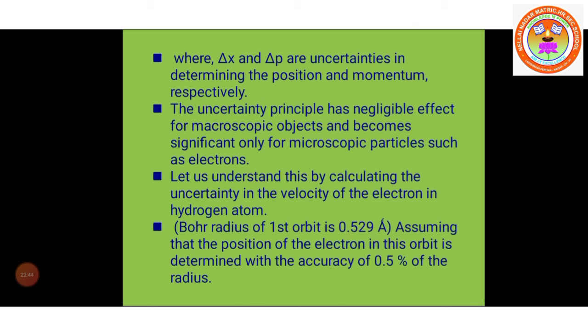Before that, we know the Bohr radius of the first orbit of hydrogen is 0.529 Angstrom. Assume that the position of the electron in the orbit is determined with an accuracy of 0.5% of the radius.